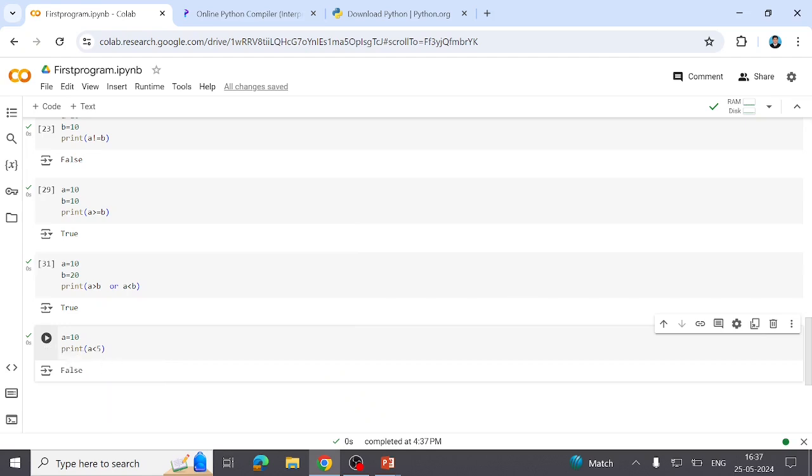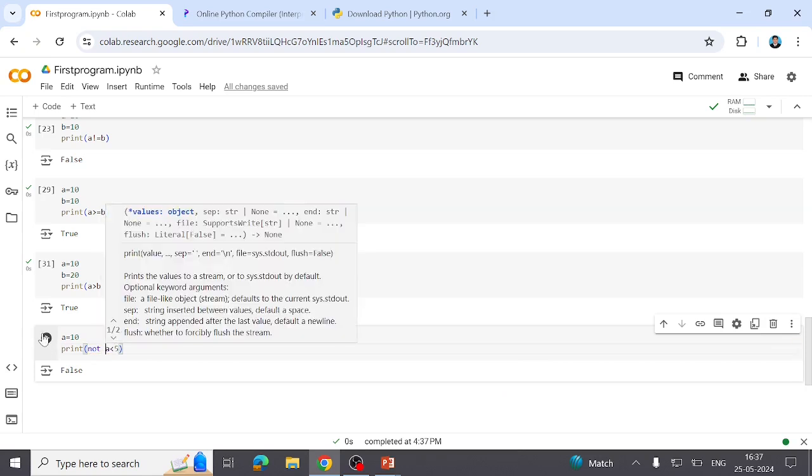But if we put here a special type, not, if we write here not, now the output of the condition is false, but not reverses false and generates true.